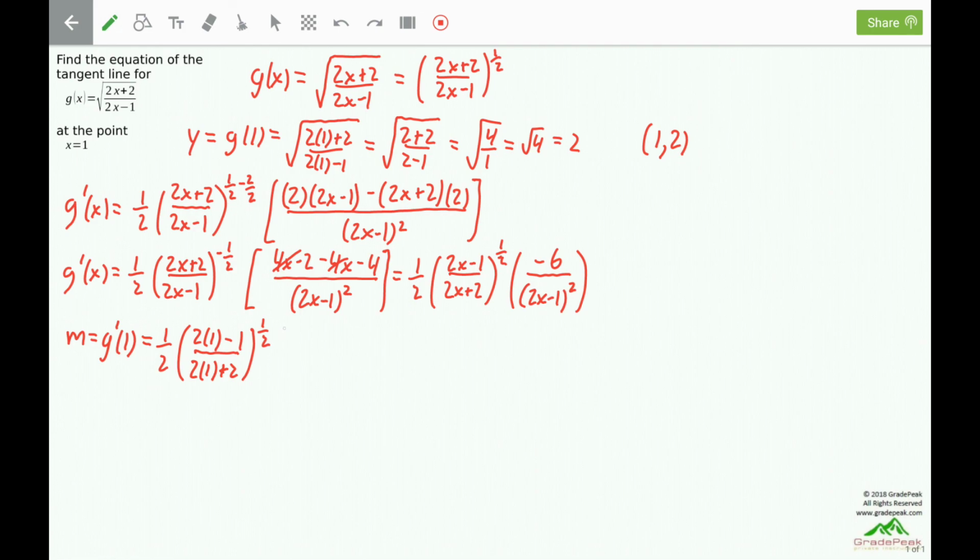And then we have a negative 6 over (2 times 1 minus 1), and then that entire thing squared.